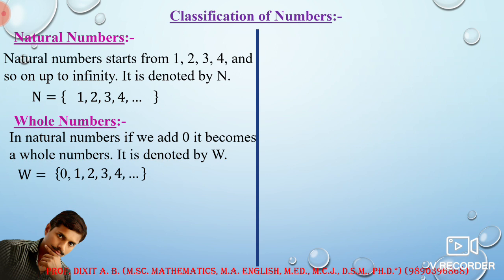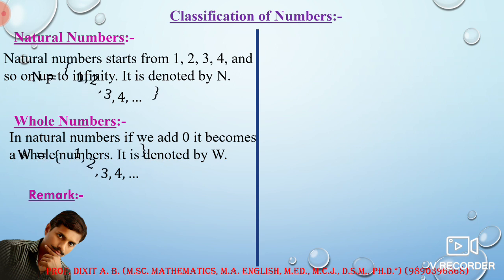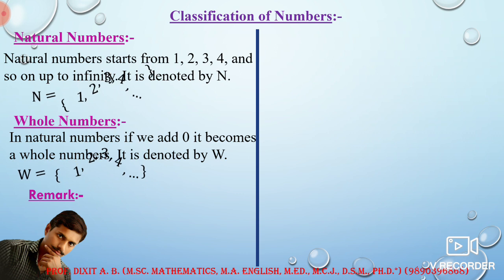Now we have seen natural numbers 1, 2, 3, 4 and so on up to infinity, and if we add 0, it becomes whole numbers. So we'll see some relation between them. For that we'll have some remarks. If you observe natural numbers and whole numbers, all natural numbers are present in whole numbers.